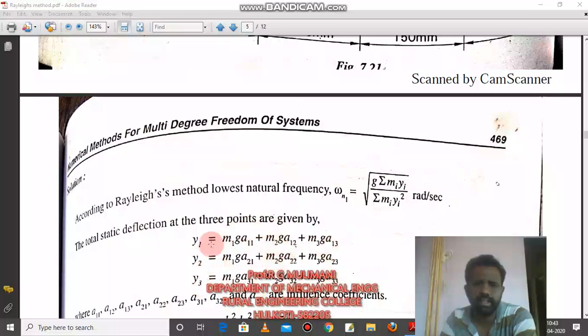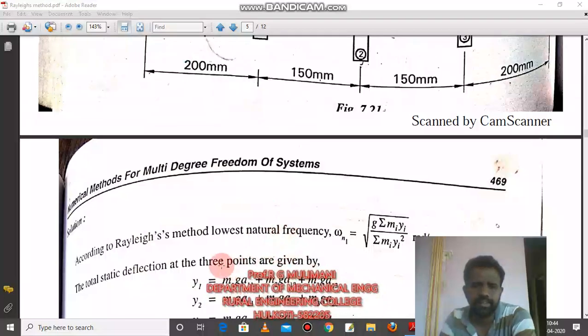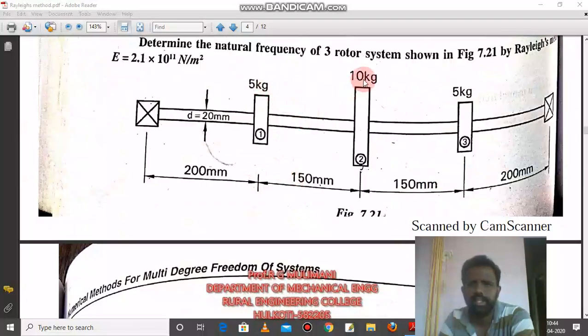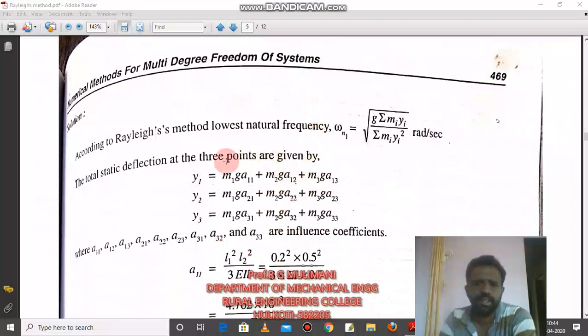We are using these equations. You substitute the values of m1, m2, m3 in all the equations, and also a11, a12, a13, all the influence coefficients, and find y1, y2, y3. Mass 1 is 5 kg, mass 2 is 10 kg, mass 3 is 5 kg. Substituting all these values, you will get y1, y2, y3.